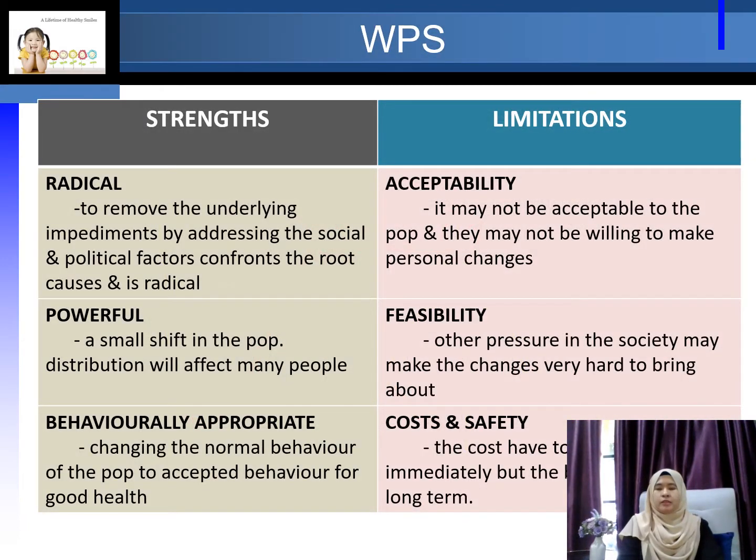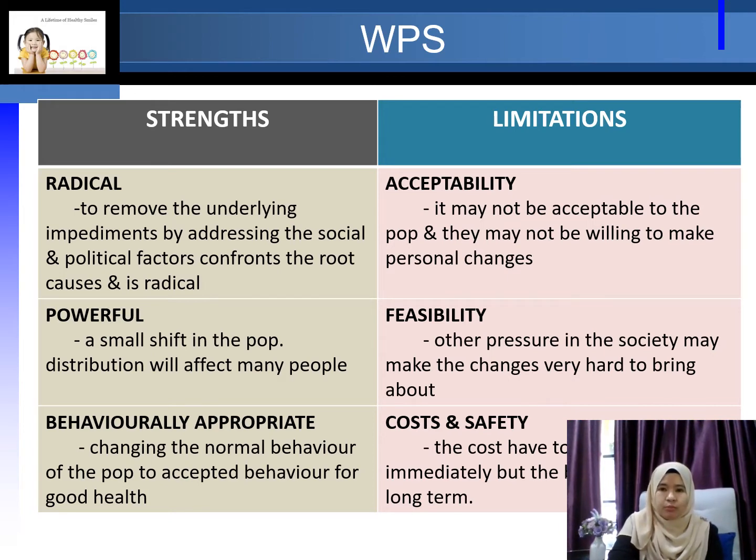The whole population strategies have strengths and limitations. The strength of the whole population strategy is that it is radical, because we want to remove the underlying impediments or root factors by addressing the social and political factors.